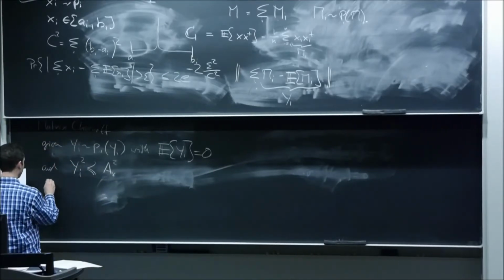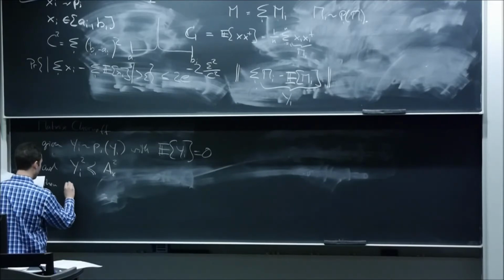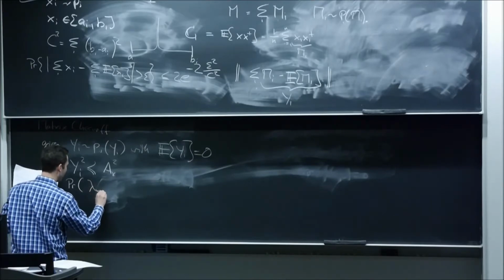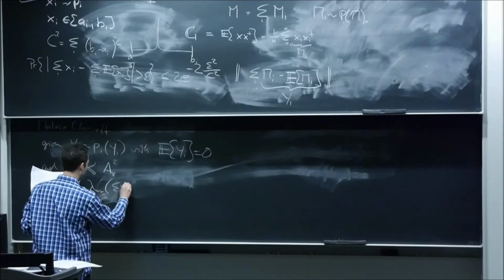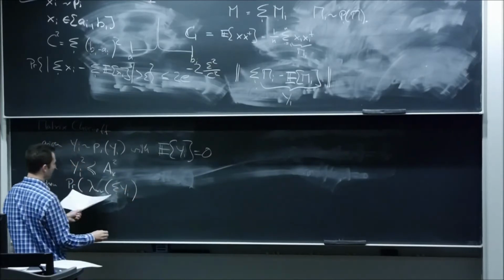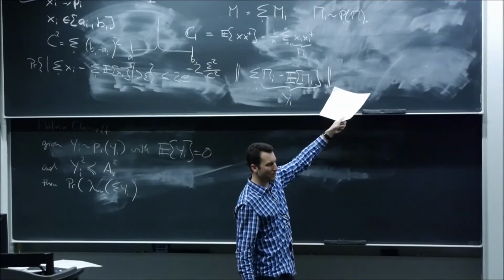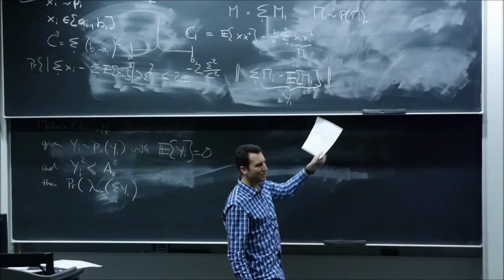Then the probability that lambda max of the sum over i of Yi, in other words, this is the norm here. So in control theory, this would be the infinity norm because it's the largest eigenvalue.